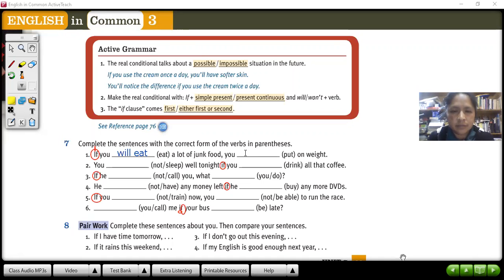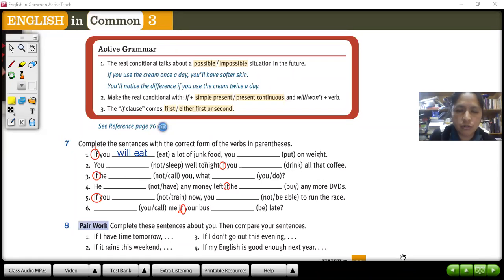Oops, no. Yeah, you have to complete here. This is the verb as well. Okay. What do we need here? Put is the verb.